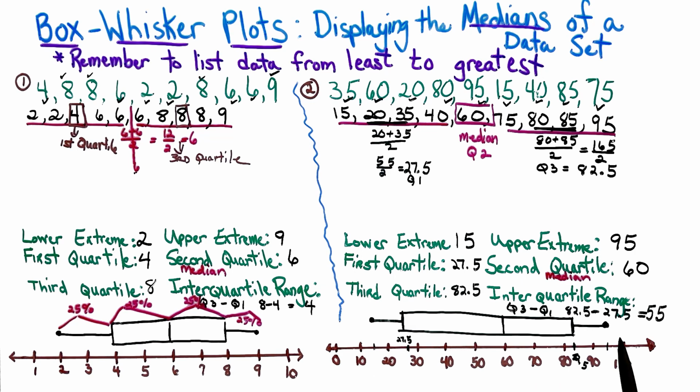And when we're looking at this, we see that we have our three medians, we have our lower extreme, our upper extreme, and the interquartile range is from this line to this one. And it is 55 points long. Again, each one of these parts are worth 25%, just like we saw over there. So hopefully, Box and Whisker, you do see the cat that I see, but it's not hard. You just work with the medians of the data.